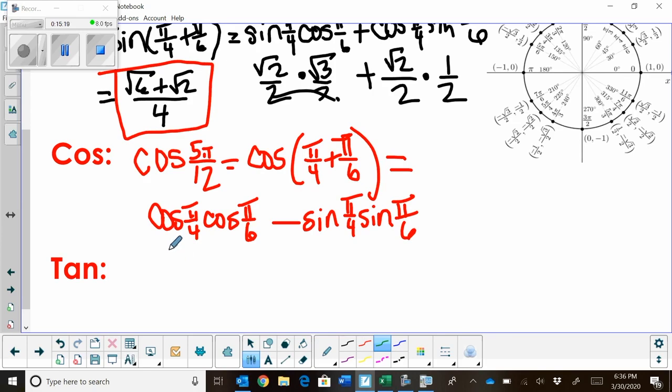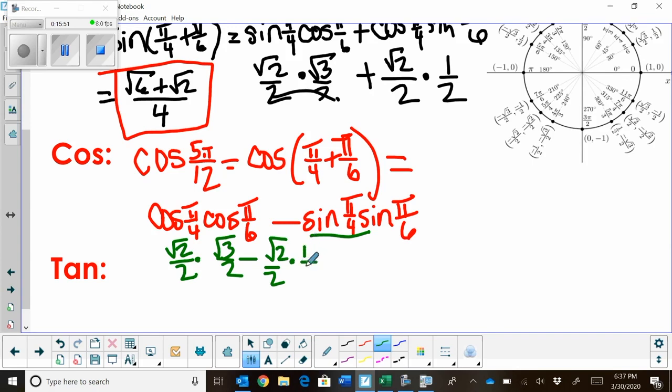But cosine of pi over 4 is our root 2 over 2 times the quantity of cosine of pi over 6? Well, that's just root 3 over 2, minus the quantity sine of pi over 4. That's root 2 over 2. And sine of pi over 6, that's a half.